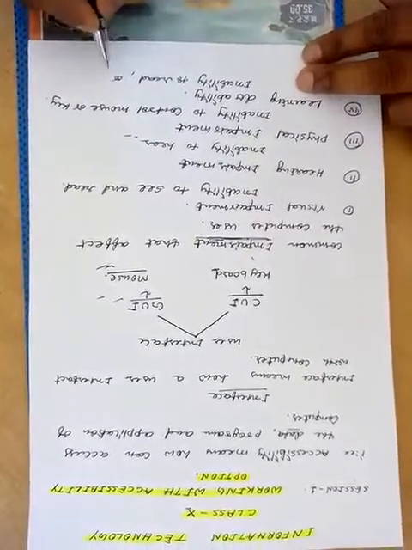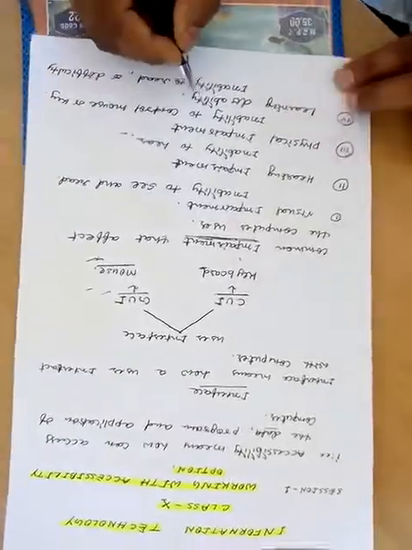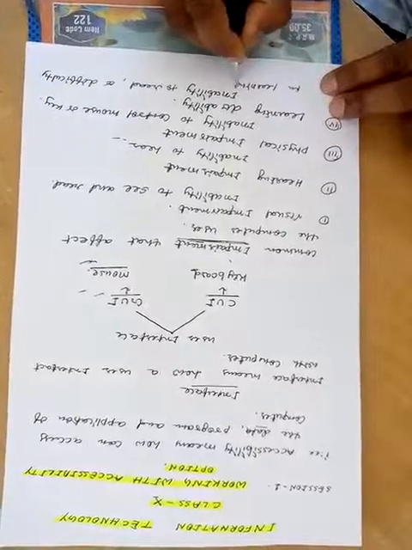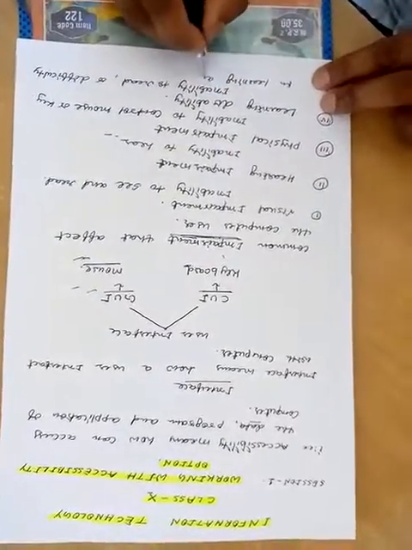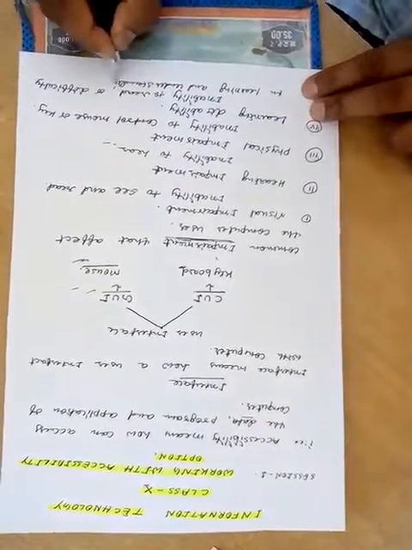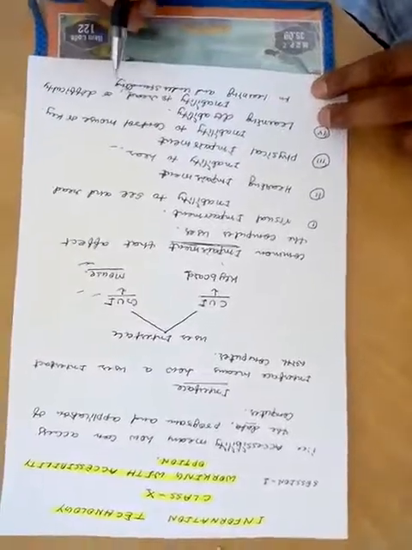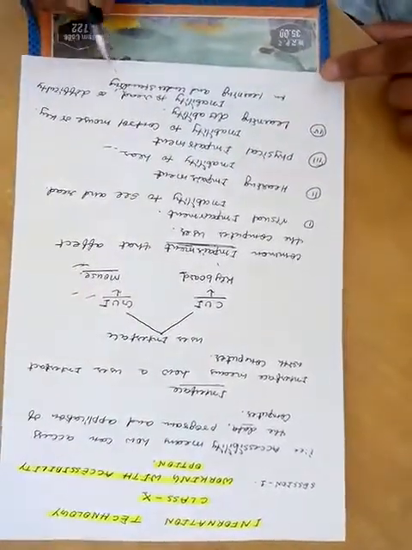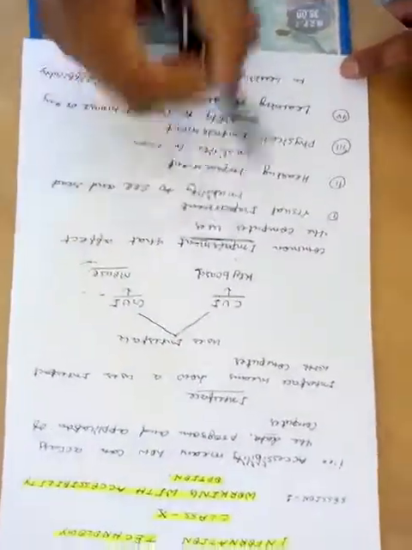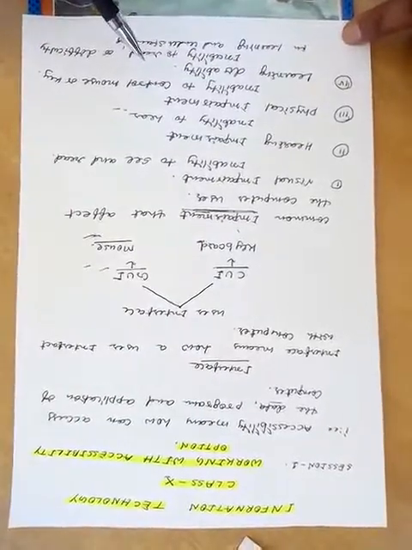In other words, difficulty in learning and understanding. Such users suffer from inability to read. They cannot read and understand the things which are given. So these are the common impairments suffered by users.